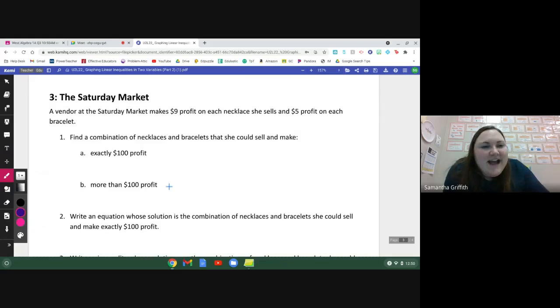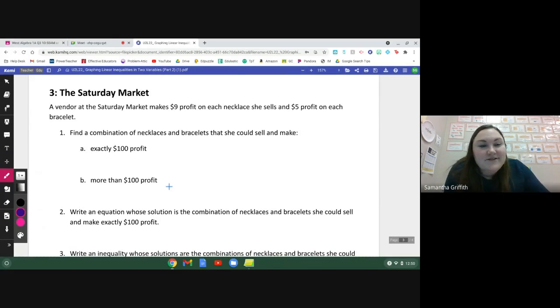So the third activity we're going to look at is called the Saturday market, and it says a vendor at the Saturday market makes $9 profit on each necklace she sells and a $5 profit on each bracelet. The first question is asking us to find a combination of necklaces and bracelets that she could sell to make exactly $100 profit, and then a combination she could sell to make more than $100 profit.